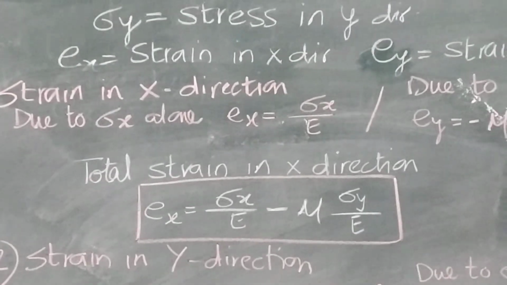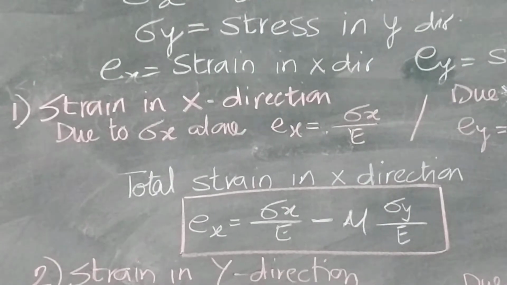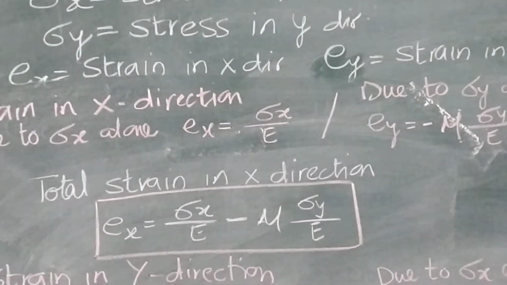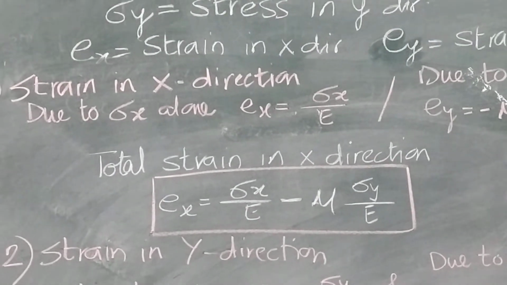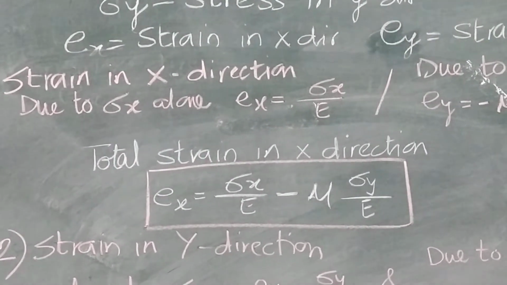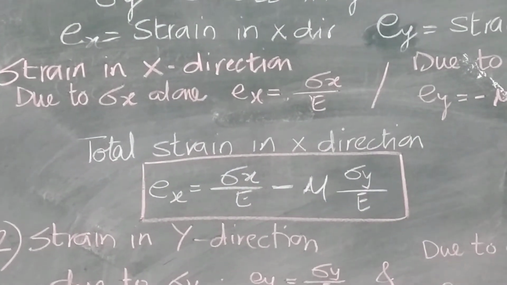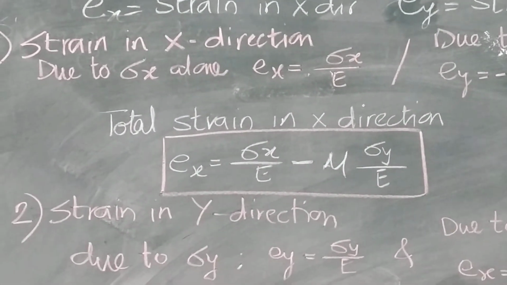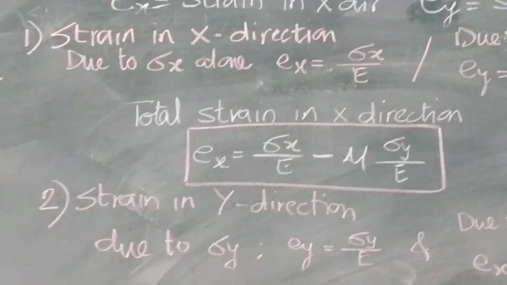It is not a hard derivation, only one step. You have to find the strains Ex and Ey, and then you have to replace it. So total strain in x direction is sigma x upon E minus mu sigma y upon E.